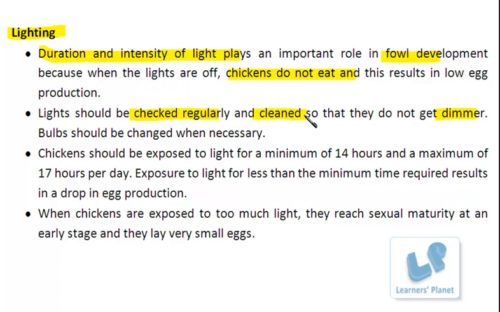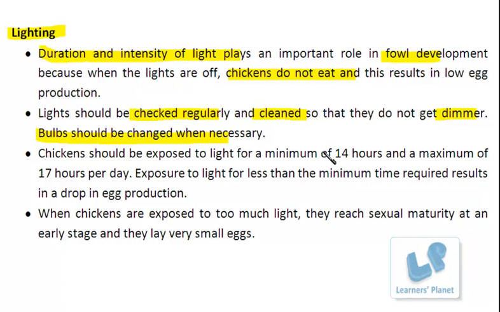Besides that, they are cleaned at regular intervals of time, so the intensity is maintained here. Besides that, whenever required, the bulbs should be changed accordingly. Further, the next point is the duration, that is, for how much time the chickens are to be exposed to the light.